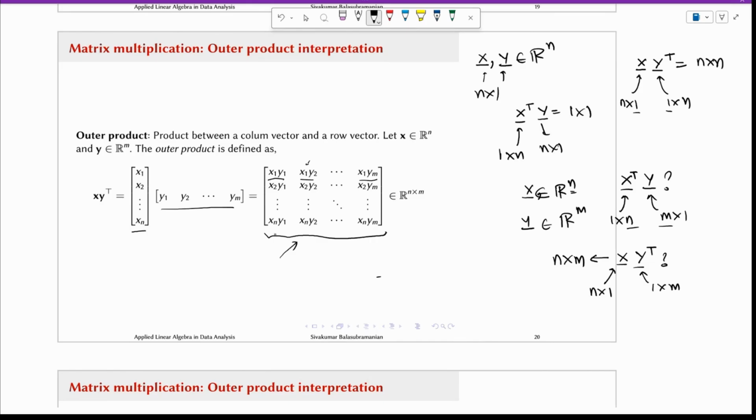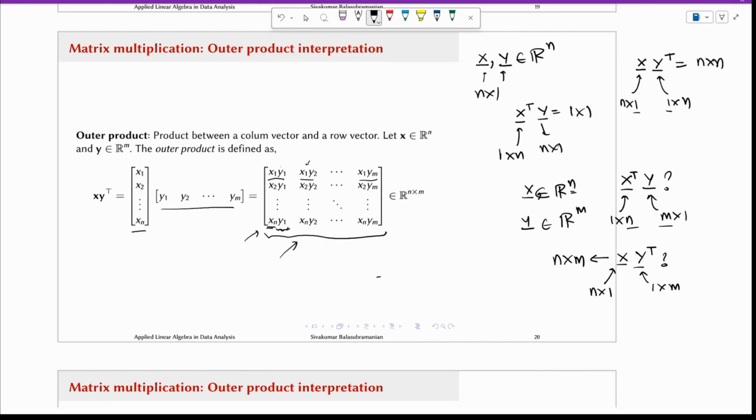If you look at the resulting matrix, you can think of it two ways. The columns of the resulting matrix are columns of X scaled by a certain amount.